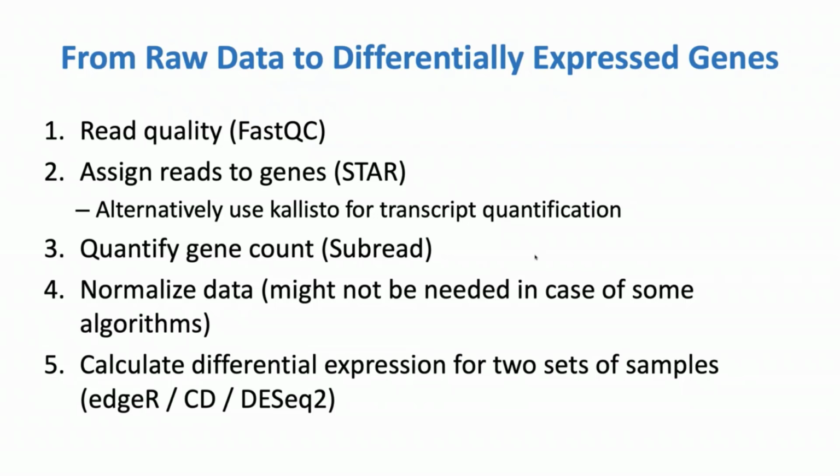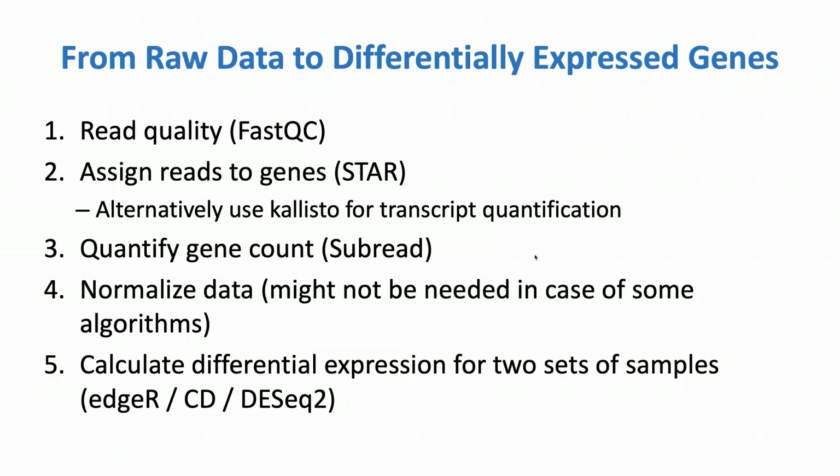Then you can associate these transcript reads to genes by using these genomic annotations. Once you found the position of a read on the reference genome, you just have to count up how many reads overlap with regions of genes. Then you can normalize your data.